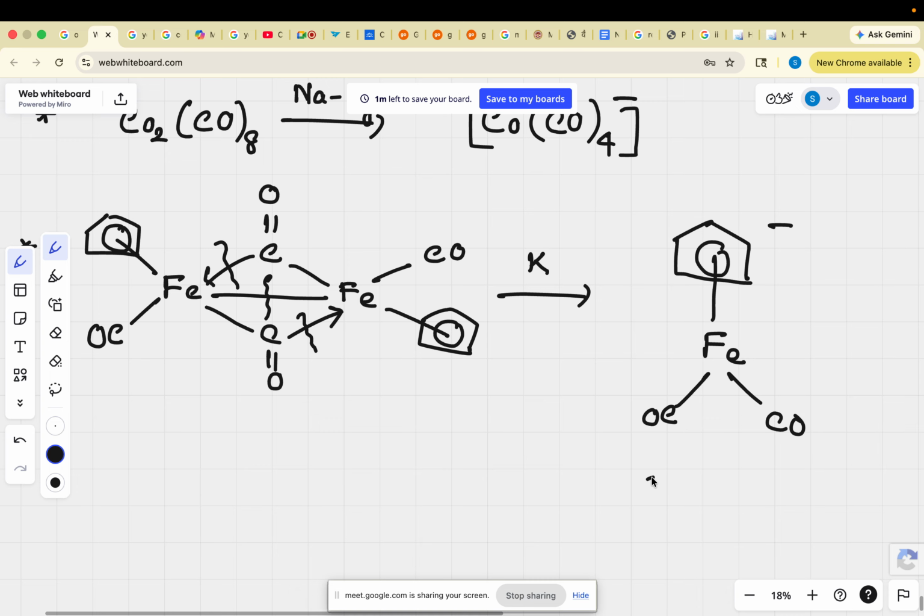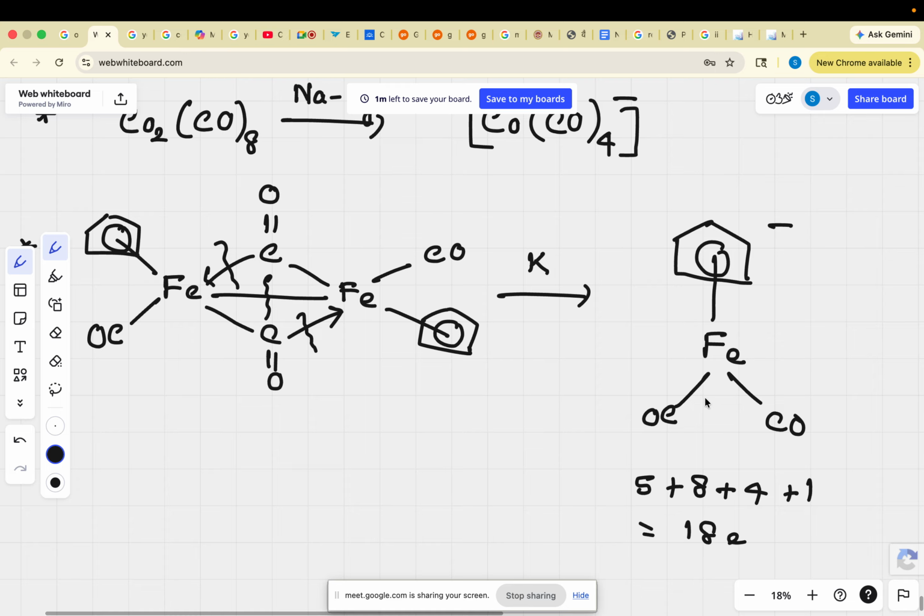So 5 electrons from cyclopentadienyl, for the iron center how many electrons will you have? 8 electrons for iron, for two carbonyls you will get 4 electrons, plus 1 for the negative charge. So 5, 8, 13, 17, 18 electrons. So you have to make it 18 electron, and like that you have to break.